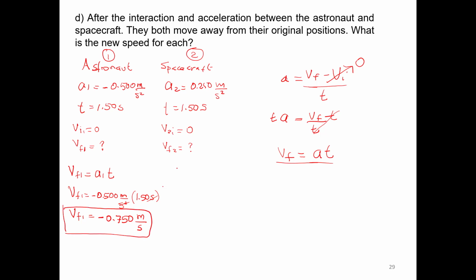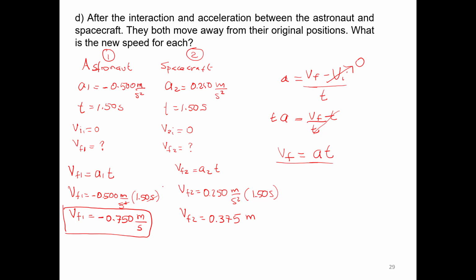Now let's calculate the final velocity for the spacecraft. The acceleration is 0.250 meters per second squared multiplied by the time, 1.50 seconds. We multiply these two numbers and get 0.375 meters per second.